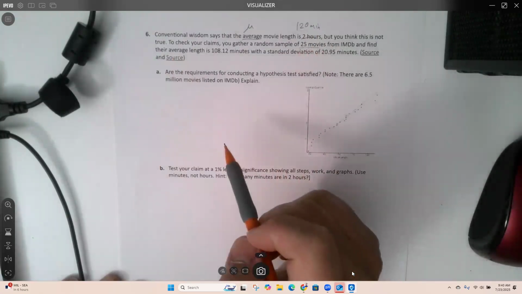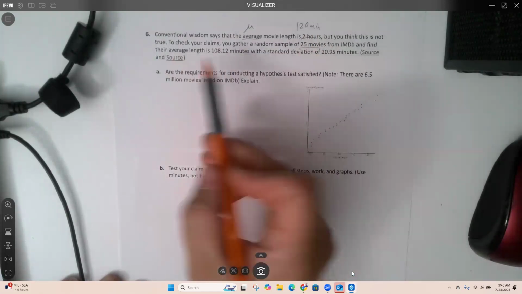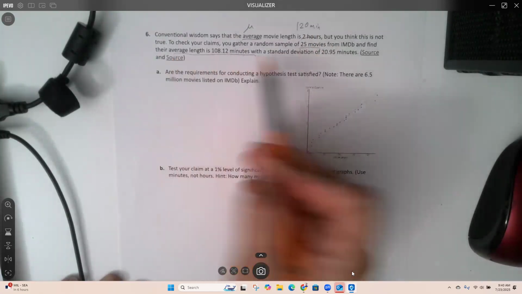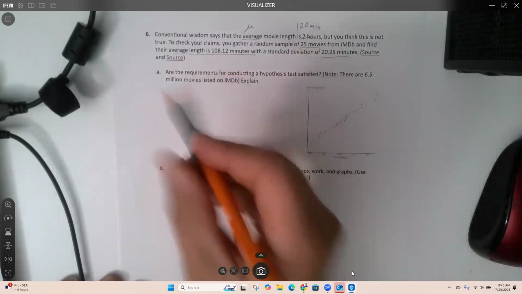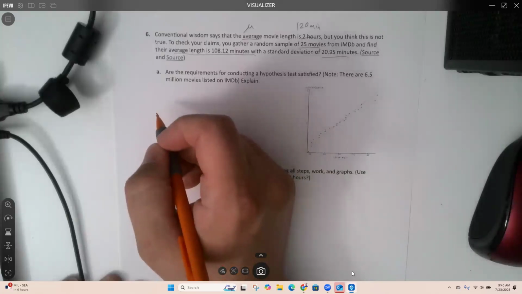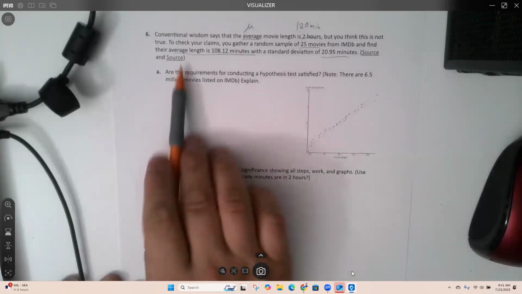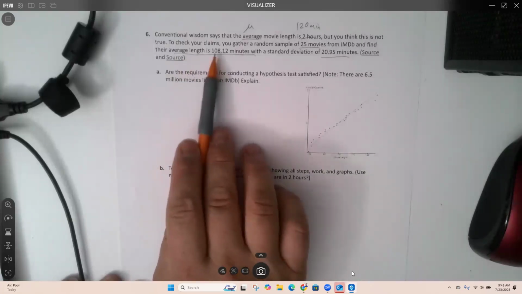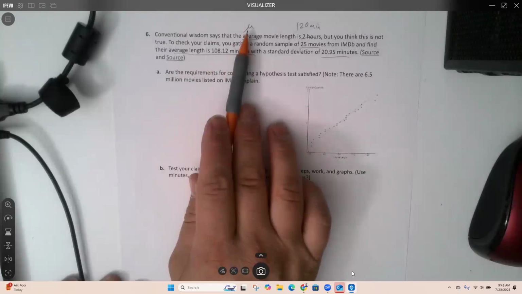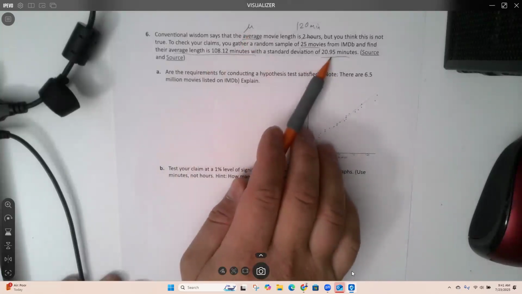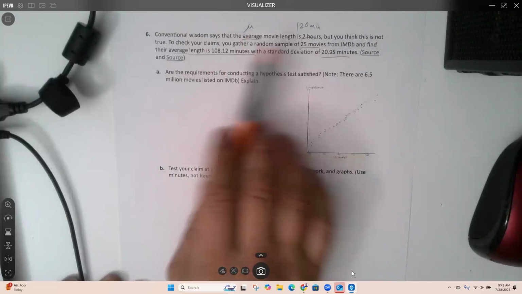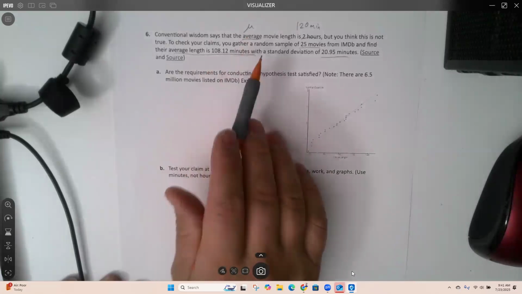We find that the average length is this, standard deviation is this. These are samples. The average length here is the sample. We don't know the average movie length because we're not checking every single movie. This is the sample standard deviation. We don't know the standard deviation of all movies.